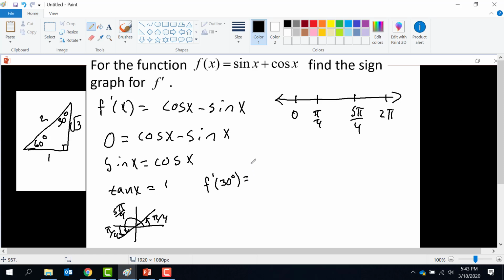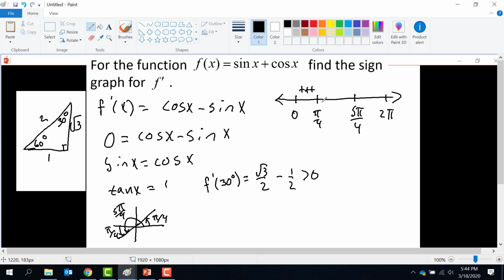The cosine of 30 degrees is root 3 over 2 minus the sine of 30 degrees, 1/2, and since root 3 is more than 1, root 3 over 2 is more than 1/2, and so then this is going to be bigger than 0. So then it's positive here.